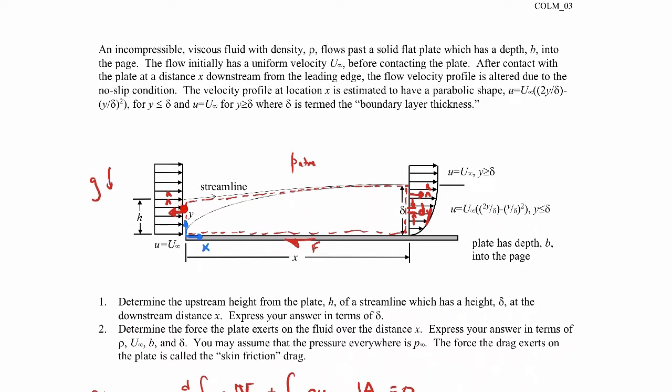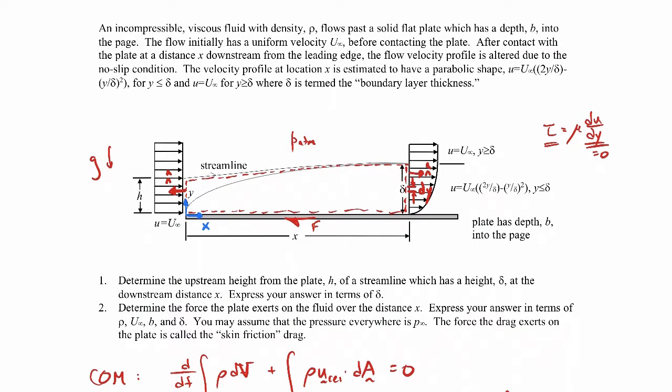You can see here there is no velocity gradient, and right up here, right at the very edge, there's no velocity gradient. So there are no viscous stresses on the top. Remember again that the viscous stresses are like mu times du dy. So if du dy is equal to 0, then tau has to be 0. And the du dy right along the top of our control volume is 0 everywhere because it's a uniform velocity outside of our boundary layer. So we don't have to worry about shear stresses on the top.